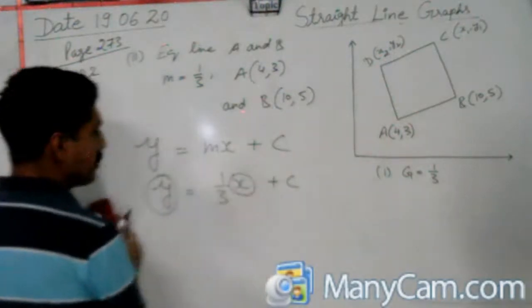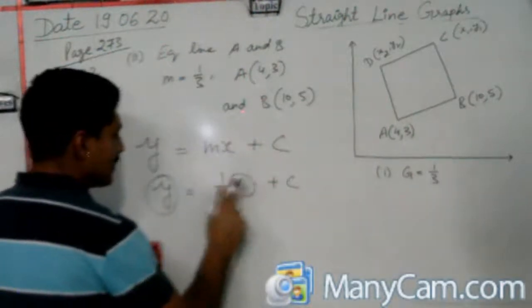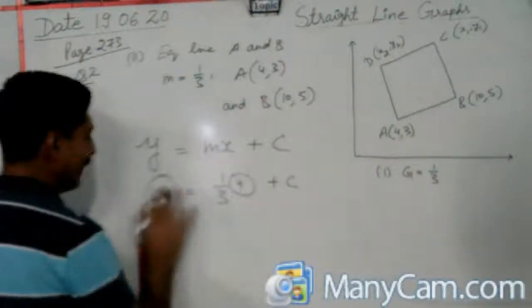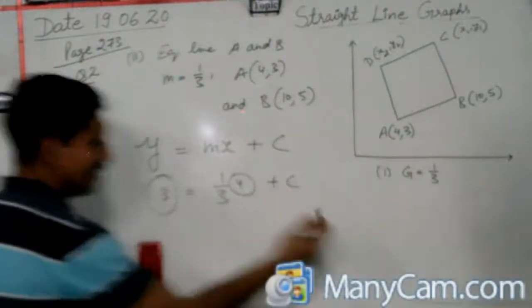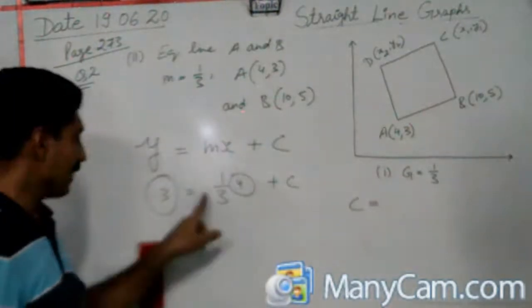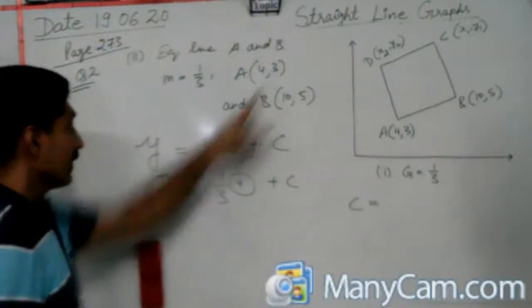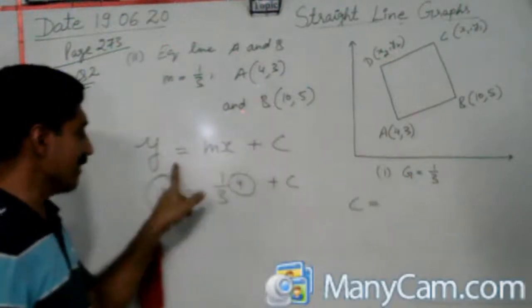If I am substituting the value of point A, here x is 4 and y is 3. So here I will get the value of c. I have chosen the first point and I am substituting the values of x and y.